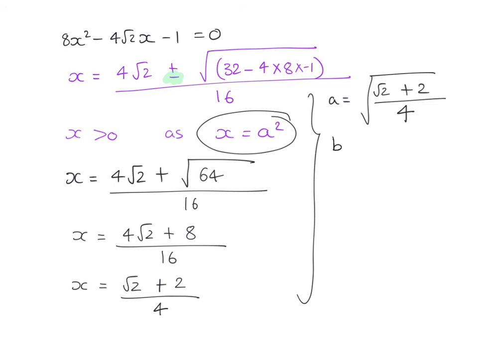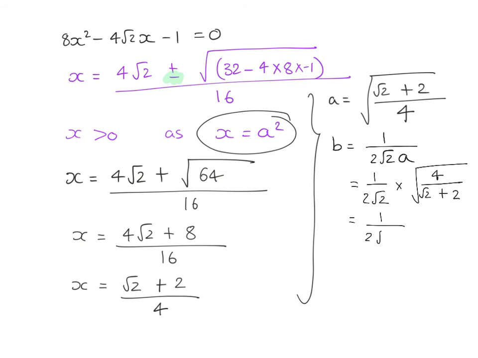Now remember that B is equal to 1 over 2 root 2 multiplied by A. So that is 1 over 2 root 2 multiplied by the reciprocal of A. So that's 4 over root 2 plus 2. So we might want to simplify the 4 in this instance. So we've got 2 root 2 multiplied by 2 over the root of root 2 plus 2.